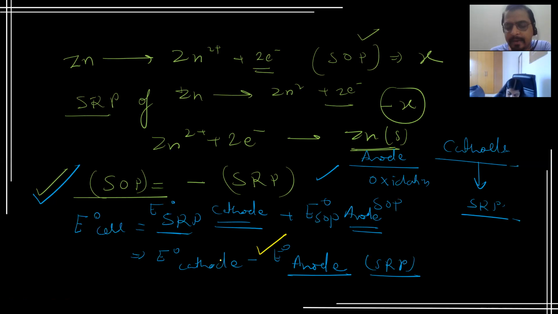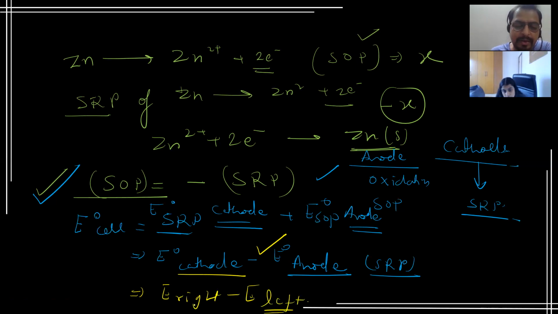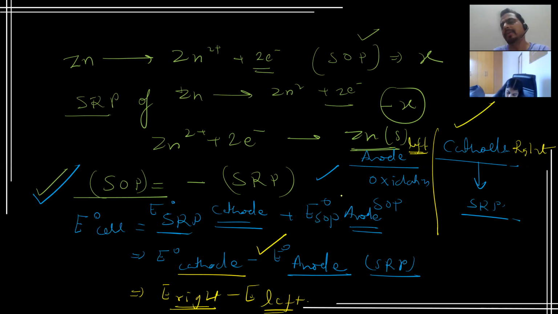Generally in NCERT they have written E right minus E left. Right side we have the cathode, and left side we have the anode. I hope it's clear to you.